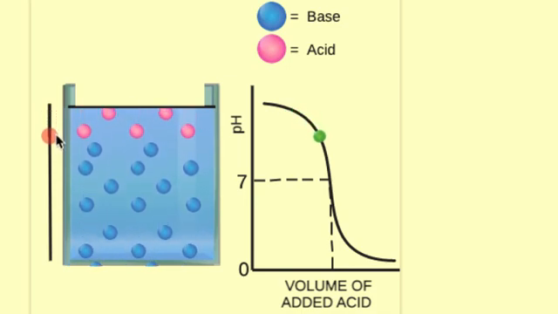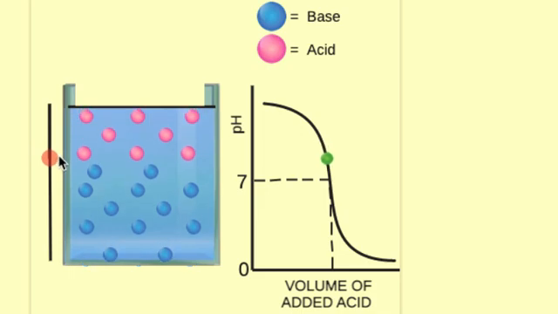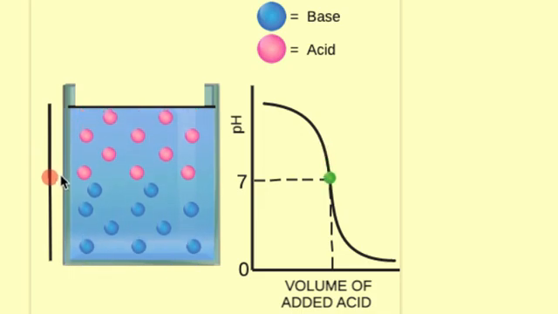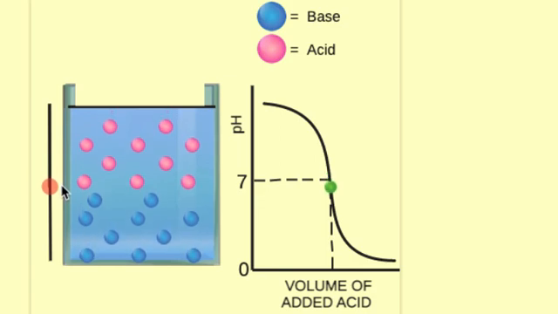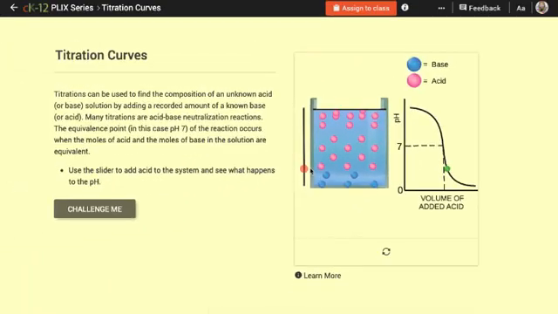That means that I'm increasing the concentration of H plus ions. And we can see that at the equivalence point, when the pH is 7, I have an equal concentration of acid and base, of hydronium and hydroxide ions. If I continue moving past the equivalence point, my solution will become acidic. I've added way more acid than base.